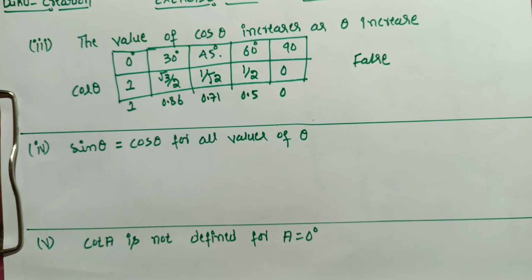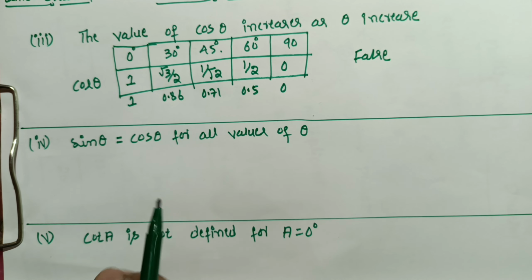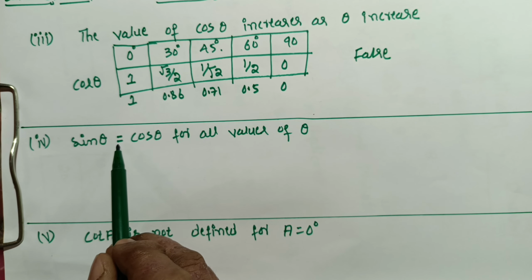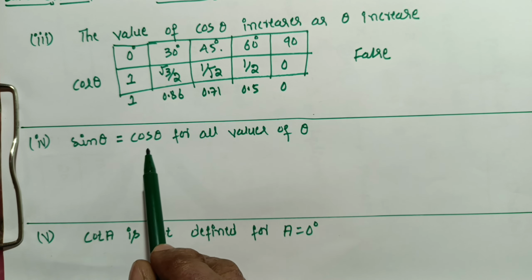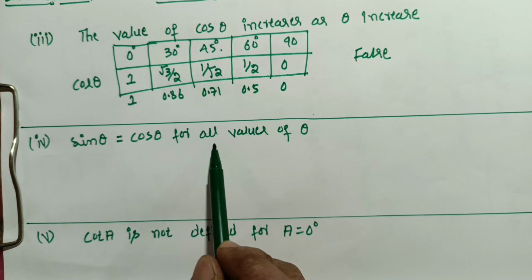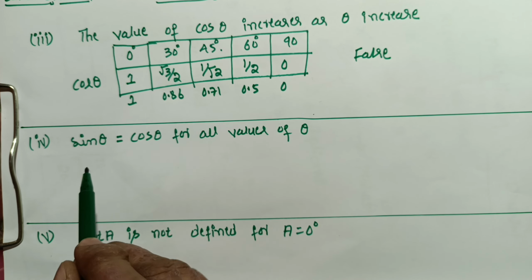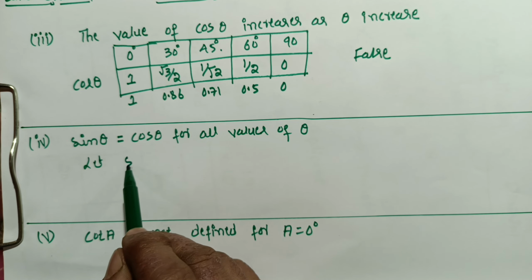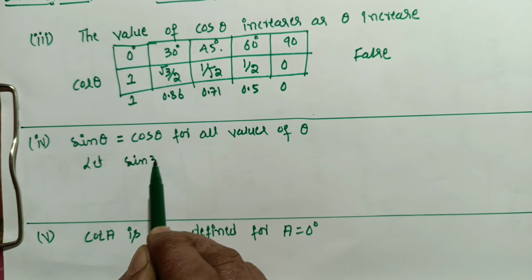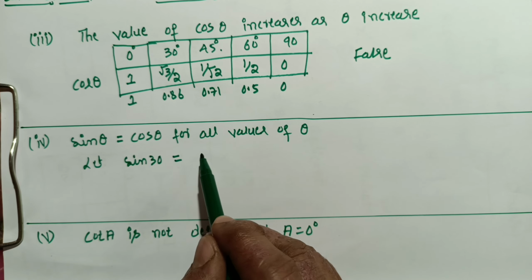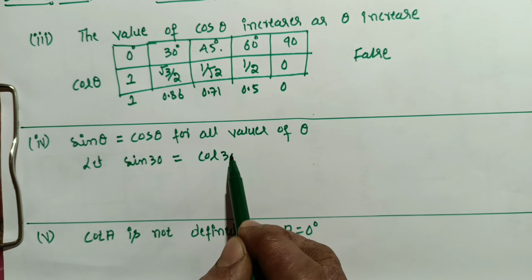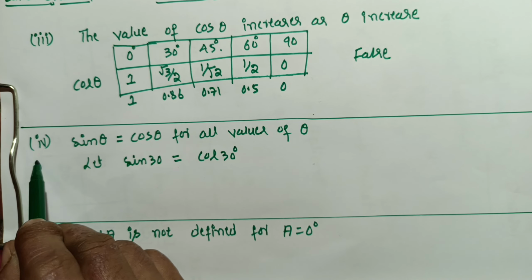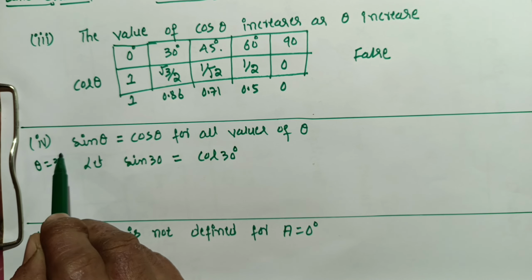So now the fourth question of same exercise: sine theta is equal to cos theta for all the values of theta. Just let me take one example. Let me write sine 30 degree equal to cos 30 degree. In place of theta I assume it as 30 degree. Now let me write the values.